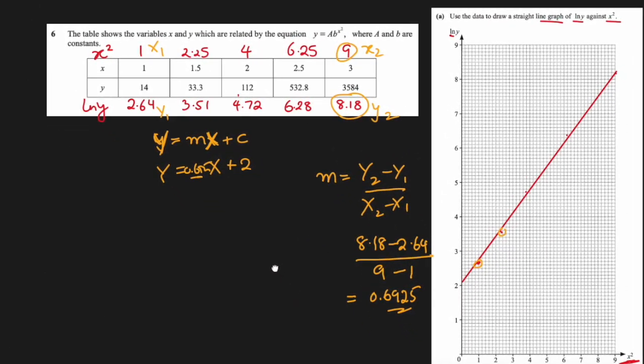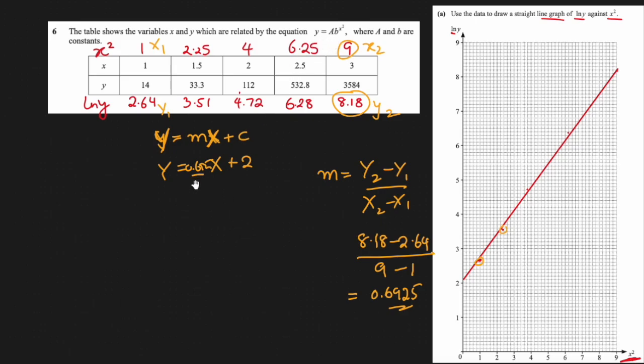So A and B, that means this equation should go into this format, and then we can find the values of A and B. So what will we do now? It was capital Y, which was actually natural log of y, so we substitute it with natural log of y equals 0.6925. Capital X was actually x square, which was the independent variable. So I'll write x square here plus 2.